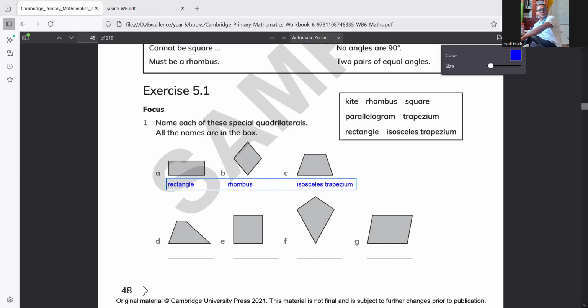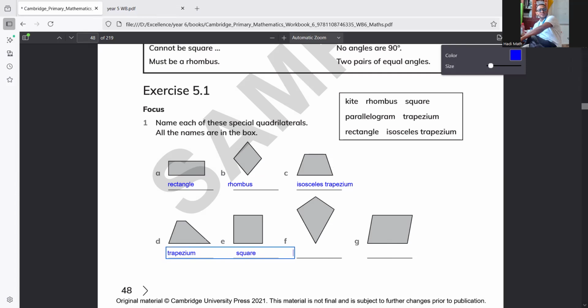We call it an isosceles trapezium because it has two equal sides. This side is equal to this side. Those two sides are equal. Then number D, we just call it a trapezium. Number E is a square.